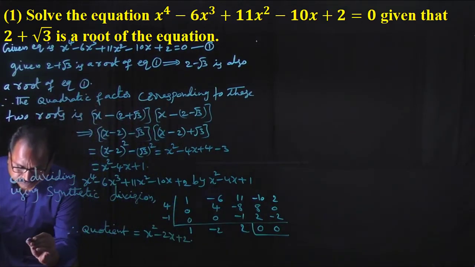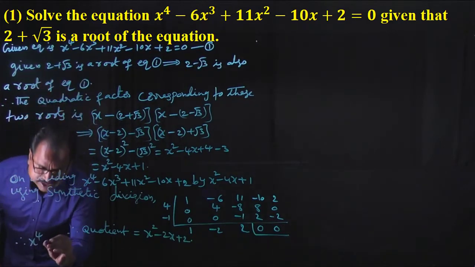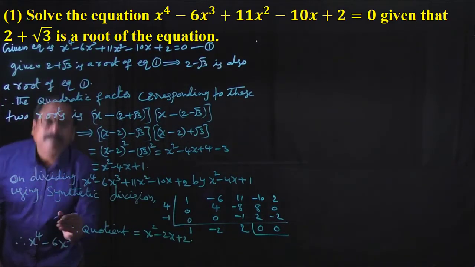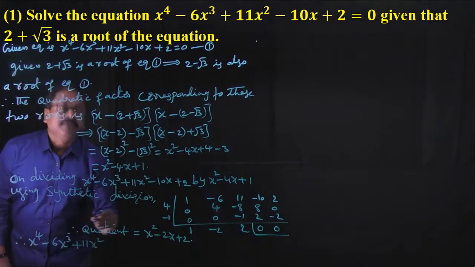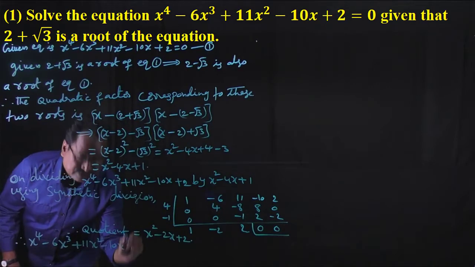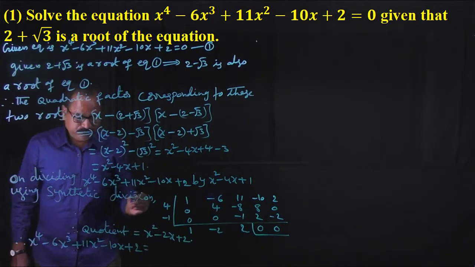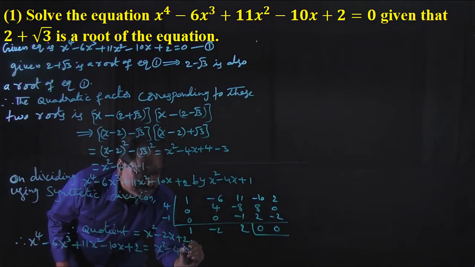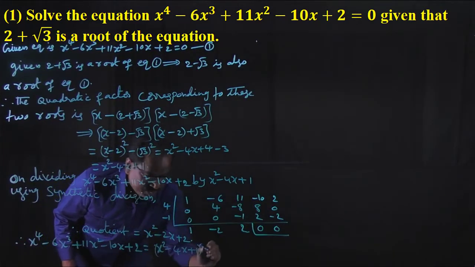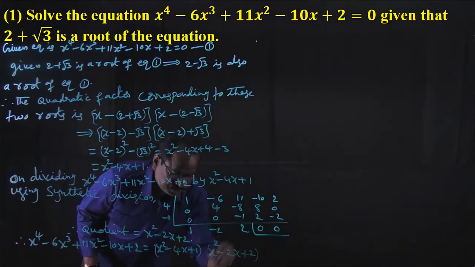Therefore, x power 4 minus 6x cube plus 11x square minus 10x plus 2 is equal to (x square minus 4x plus 1) into (x square minus 2x plus 2).